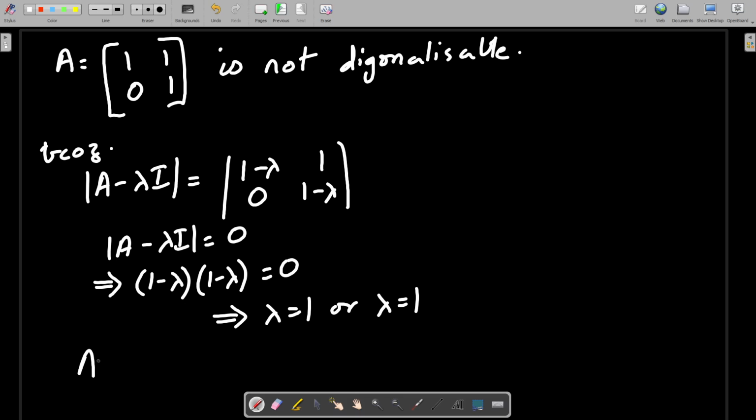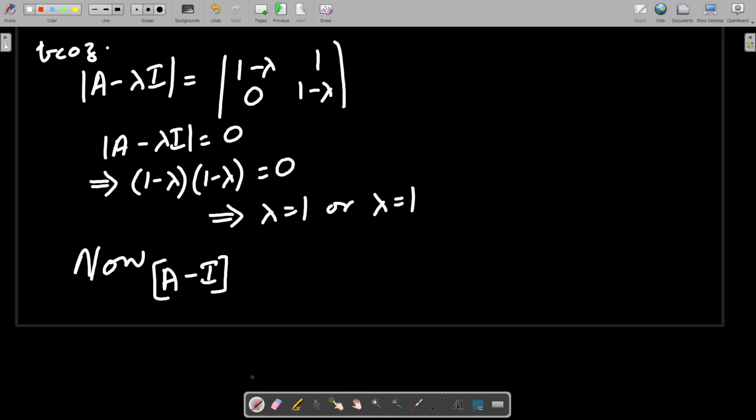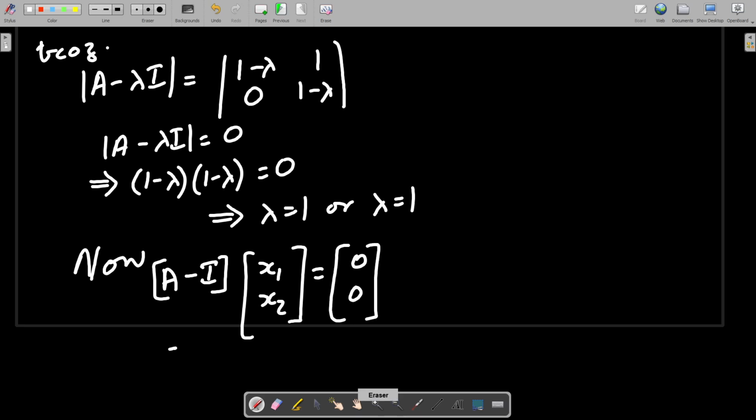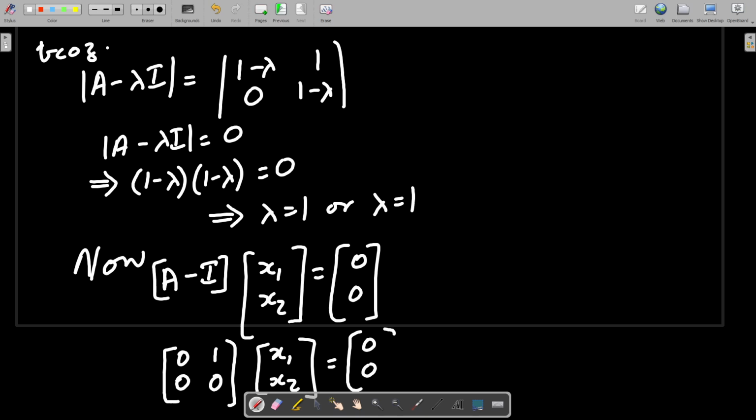So now, if you do A minus 1 times I, this is only a 2 by 2 matrix, so we have to do only for x1, x2. So this will become 0, 1, 0, 0. So this will imply that we get only one equation, that is x2 is equal to 0.